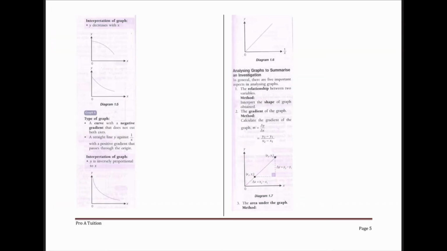Okay, so let's see the graph. You can see it here. This side, y decreases with x. Okay, so you can see the curve going down this way or this way. Okay, decreases.